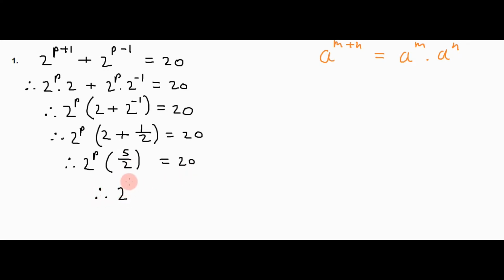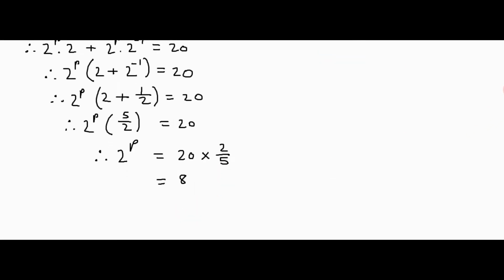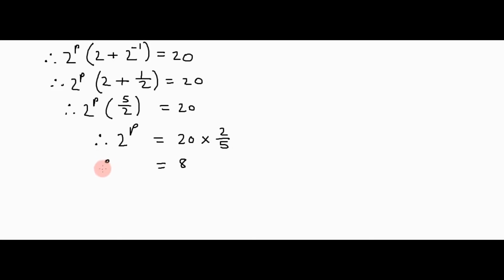So when we divide by a fraction, we multiply by the inverse. So 20 divided by 5 over 2 is the same as 20 times 2 over 5. So 5 into 20 is 4, times 2 is 8. So we have 2 to the p equals 8.